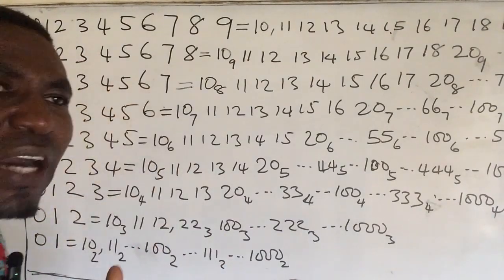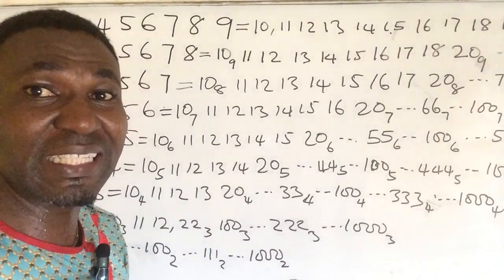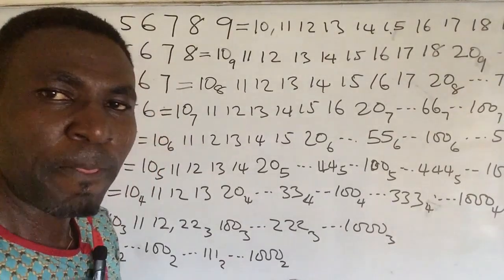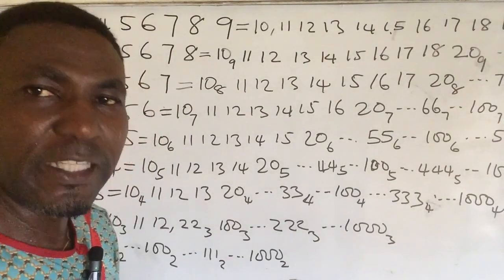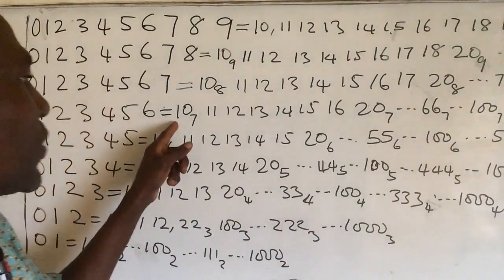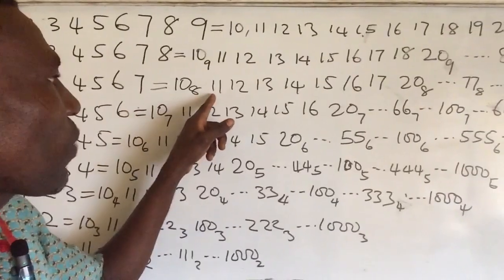So if you count and reach 7 now, you will no longer get 8, you no longer get 9. So if you reach 7 now in base 8, then trying to move to 8, you now start mixing the numbers. You now see 10 base 8, 11 base 8.